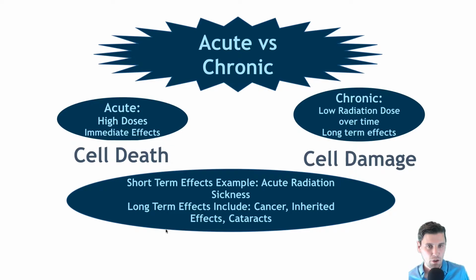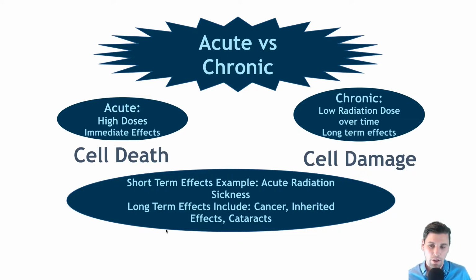We want to know that acute is just those relatively short periods of time wherein higher doses are delivered in a short period of time. Typically the effects are relatively immediate, seen within a few days. Chronic effects are long-term effects and can occur with a lower radiation dose, and if a radiation dose is given over time, that can also be more likely to lead to long-term effects.